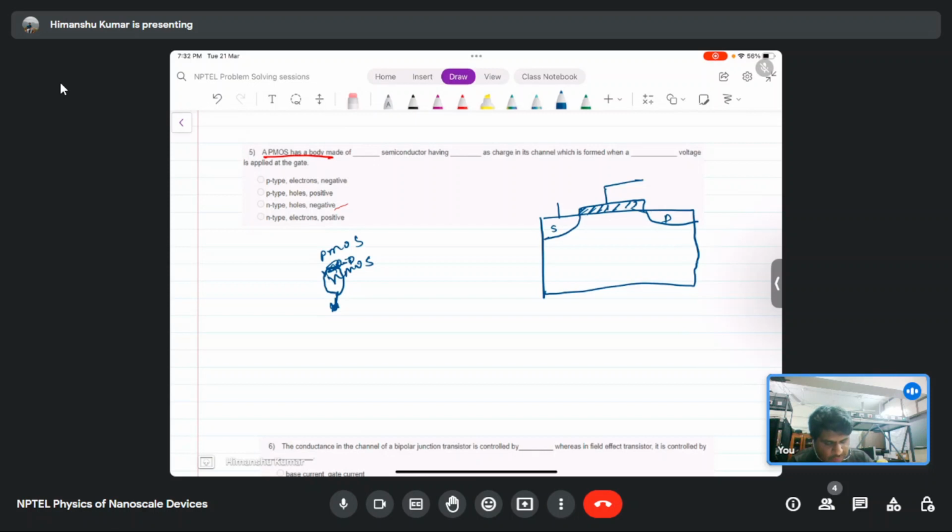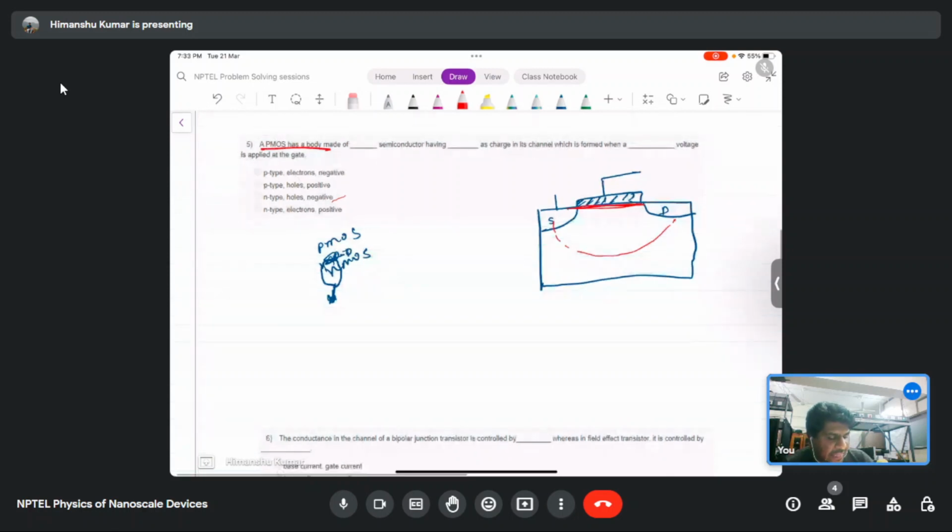In NMOS, the conduction should take place between the source and drain, directly just below the gate, not through some other path. The gate turns on and inverts the surface potential near the interface, and only there does the inversion take place.